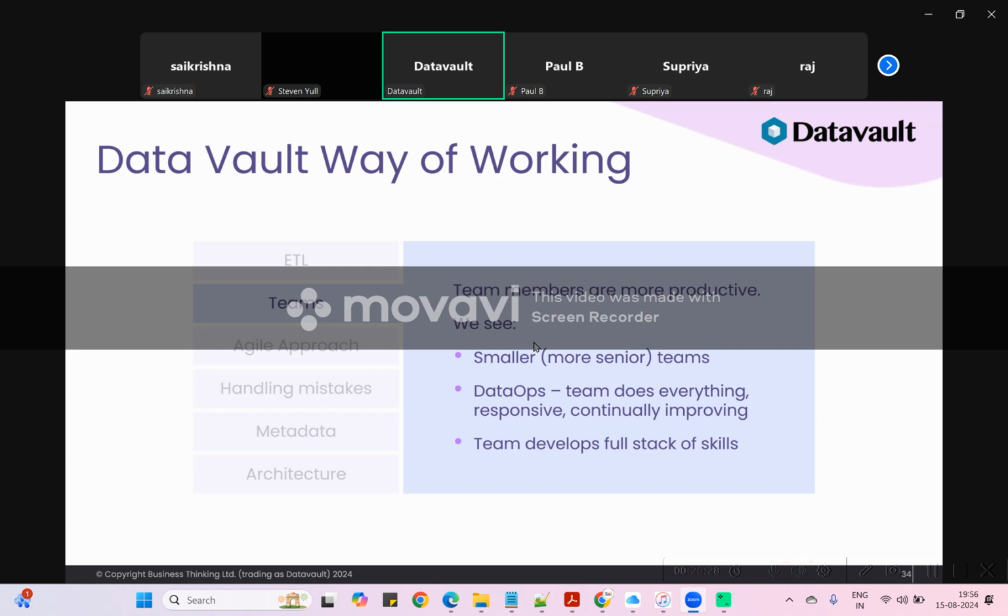So we tend to see smaller, slightly more senior teams in place, and those teams tend to be doing data ops, so they're supporting the system as well as building it. And team members, because it's a smaller team, everyone's developing the full stack of skills. So that's great as motivation for people to stay with an organisation.